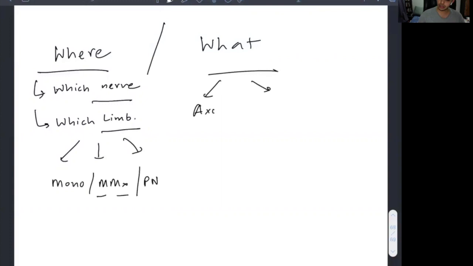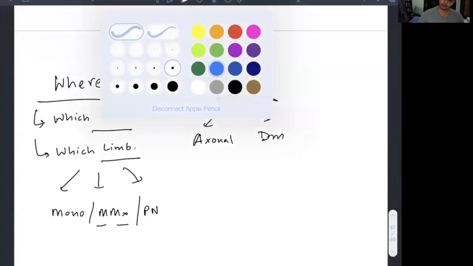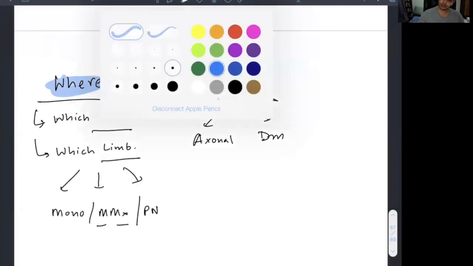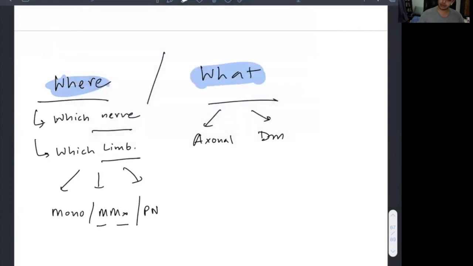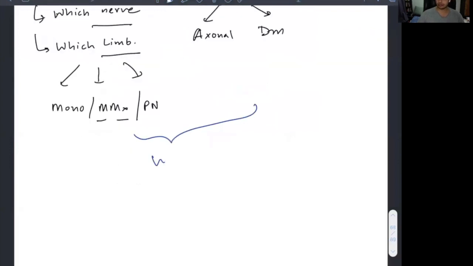Is it axonal or is it demyelinating? And with the help of these two things, you will figure out why is the lesion. That is the etiology.